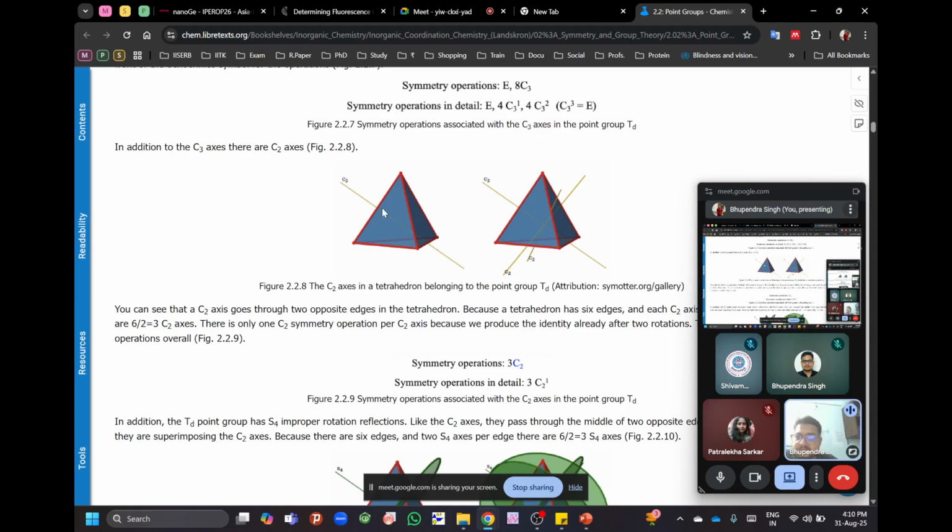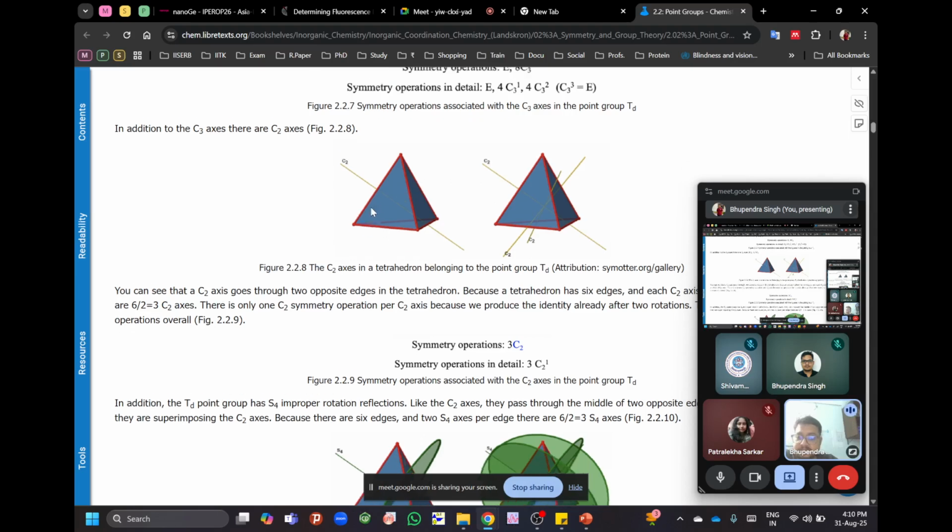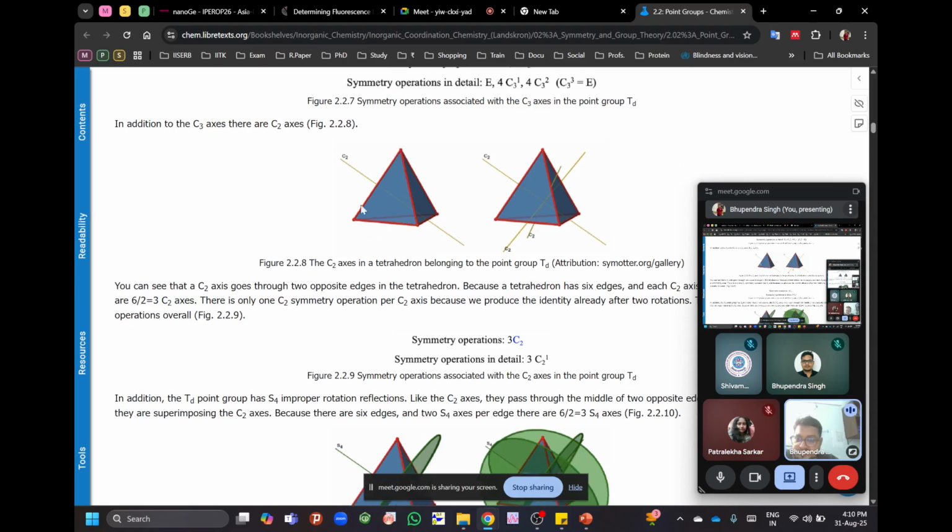And now look at the C2. If we are able to imagine C2, it is passing from the middle of this edge and the middle of this edge. So C2 is like that. Now the C3 was passing through the center of the face.